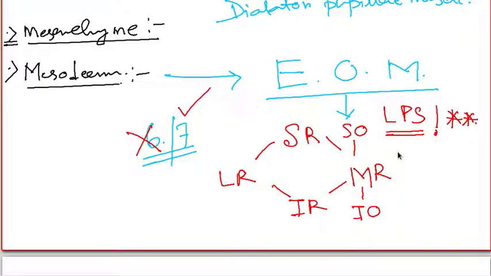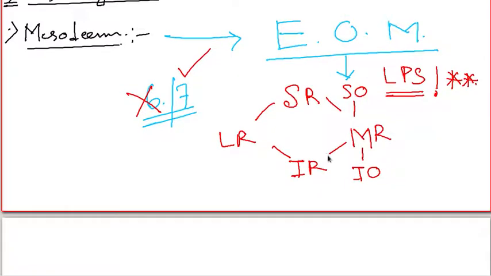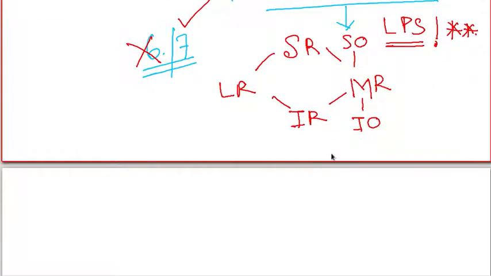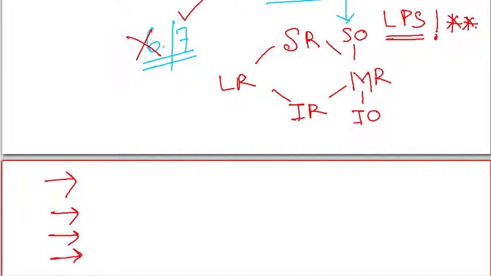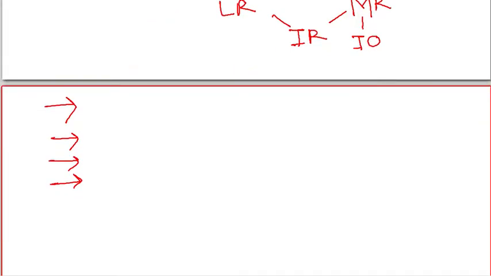Now next, which structures are derived from mesoderm? The other parts derived from the mesoderm are these structures. I'm making a list, I'll fill it one by one.